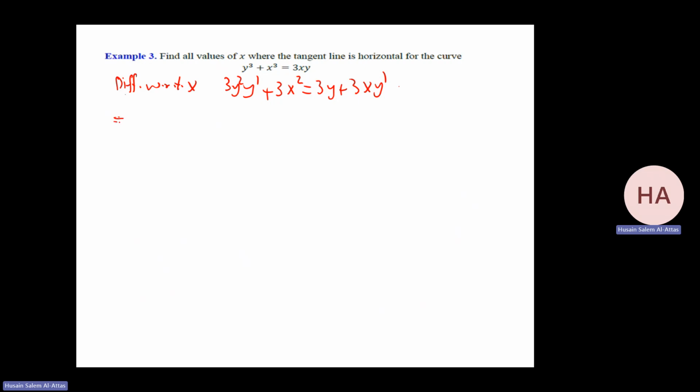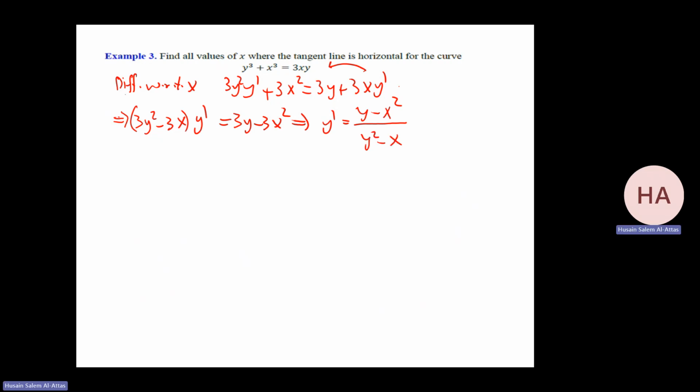I have 3y squared minus 3x times y prime, taking this to the other side, equals 3y minus 3x squared. So that means y prime, dividing by 3, equals y minus x squared over y squared minus x.